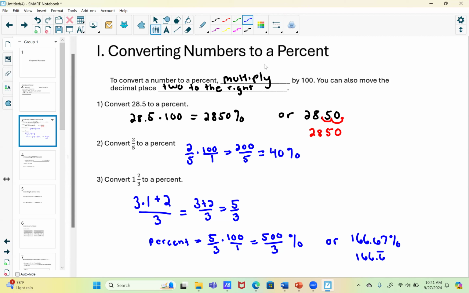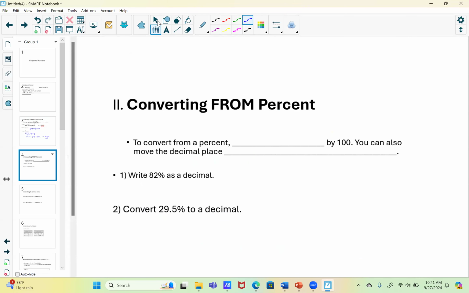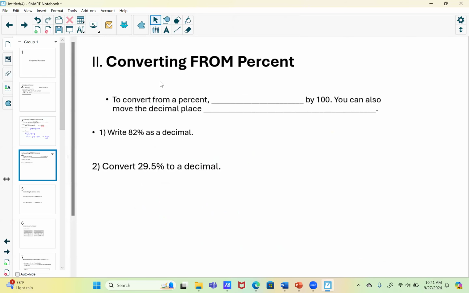So that is how we convert numbers to a percent. We can also convert from a percent. What that means is I'm given a percentage and I want to find the value that's not a percent. To convert from a percent, we do the opposite of what we did before. We divide by 100.